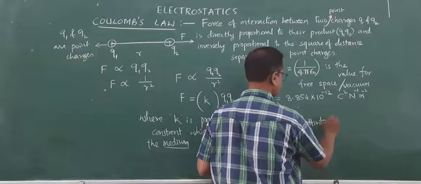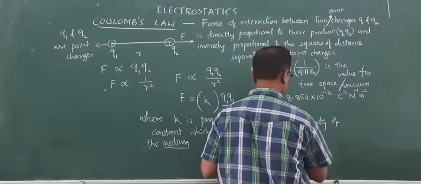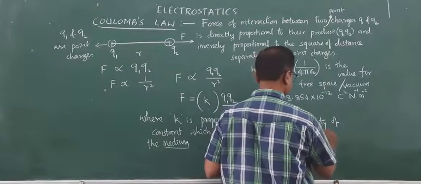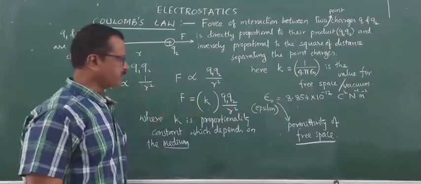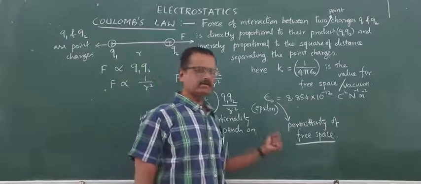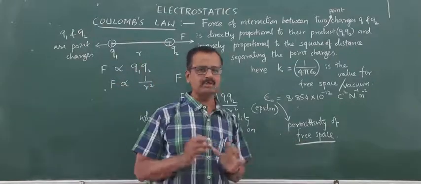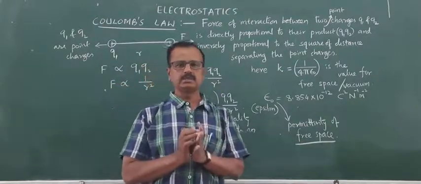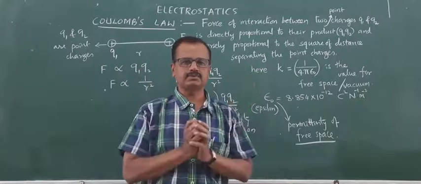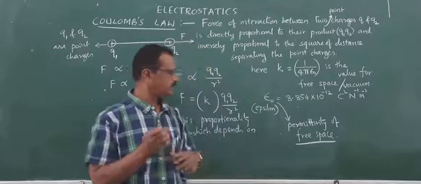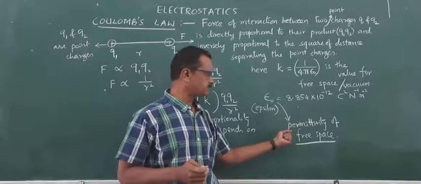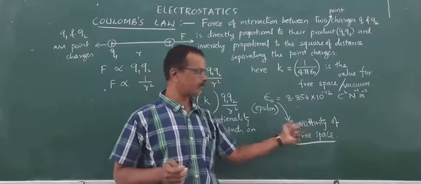We will define what the permittivity of free space is later on. It means how much that medium allows the interaction of force, how much it allows the electrostatic interaction. That is what is meant by the name permittivity of free space.